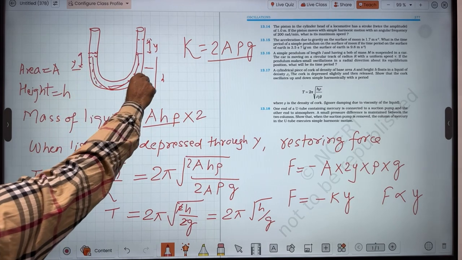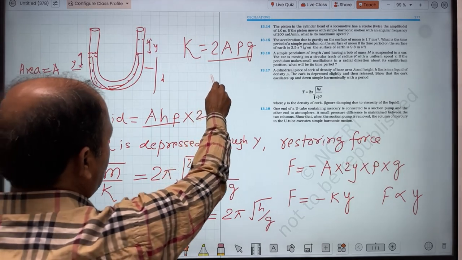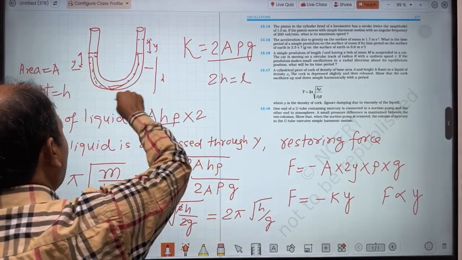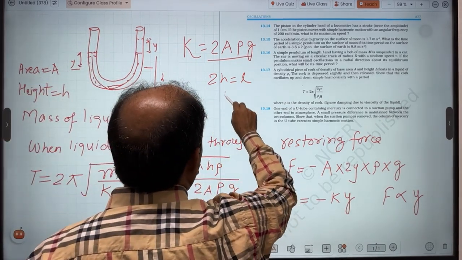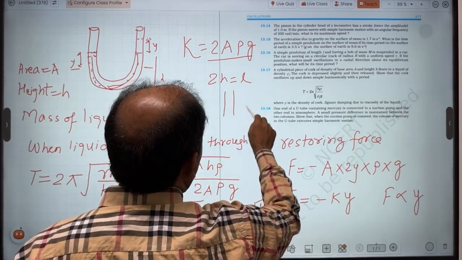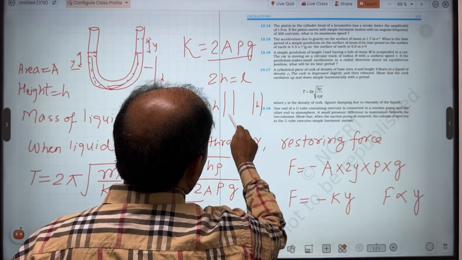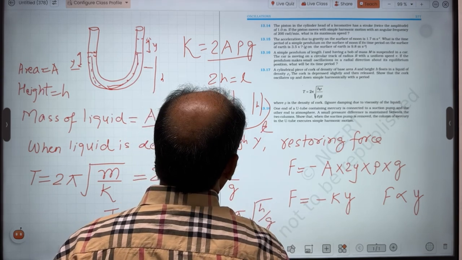So we can say 2h will be equal to L. L means this total length, and this is h, this is h. The situation is like this: in this column this is h, and here also this is h. So h plus h makes L, right?